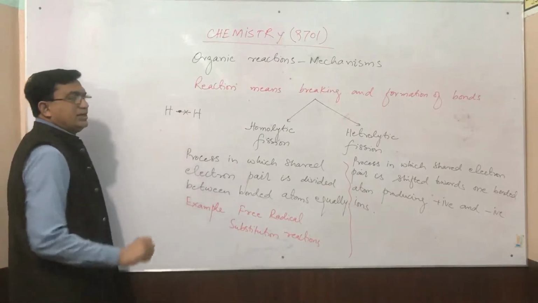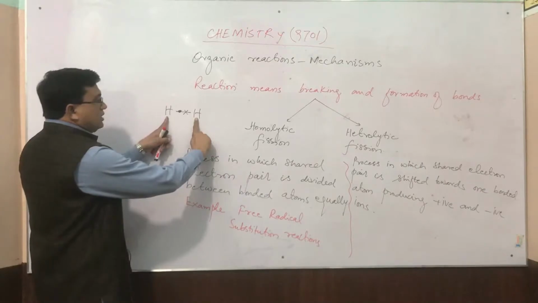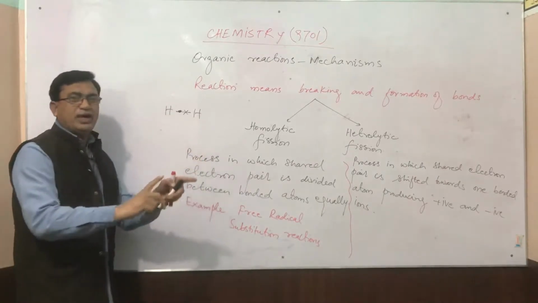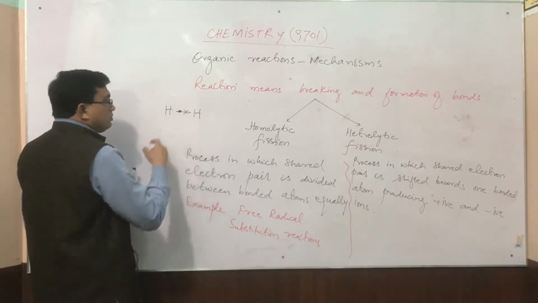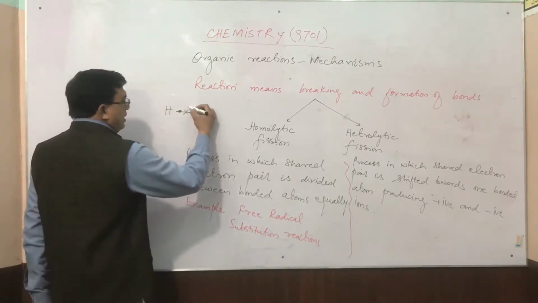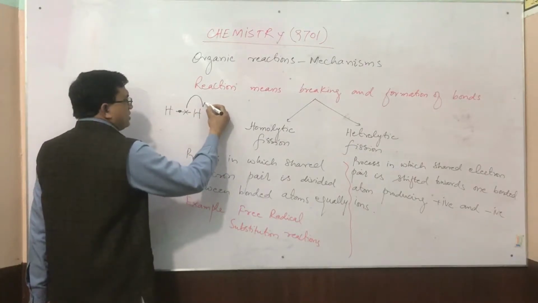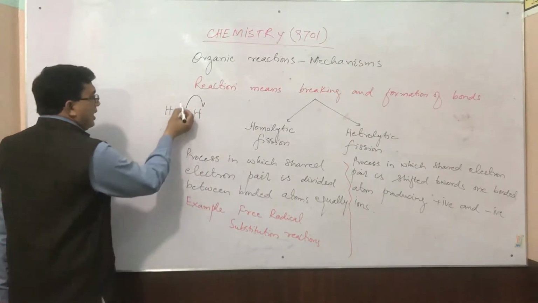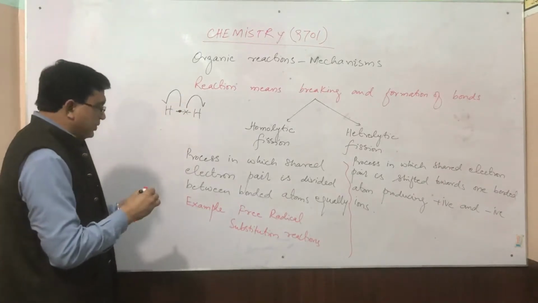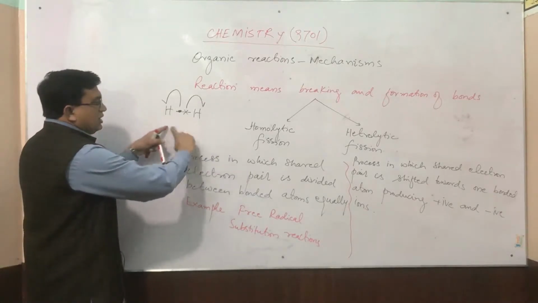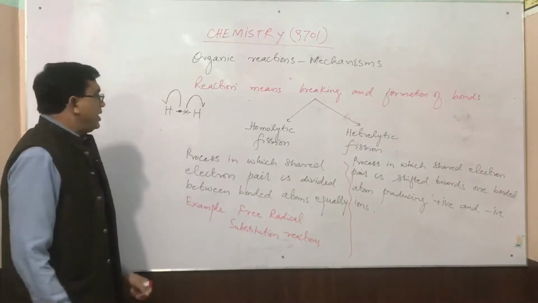If we provide energy to break this bond, the same force of attraction is applied from both sides. That's why whenever this bond breaks, one electron goes to this hydrogen atom and one electron goes to the other hydrogen atom. This is the equal distribution of electrons between bonded atoms.